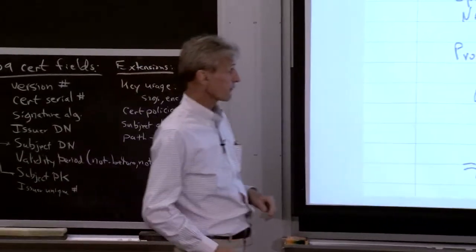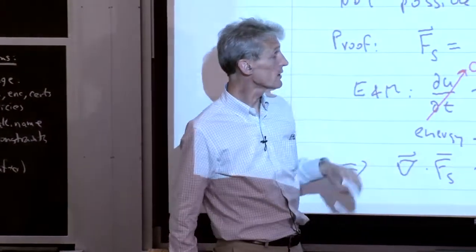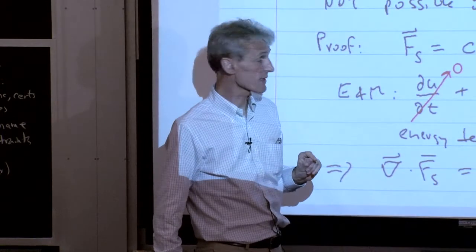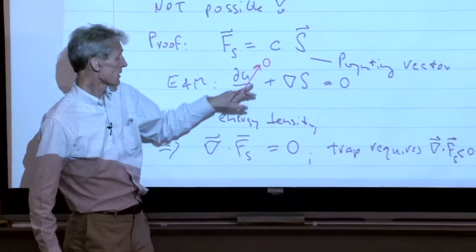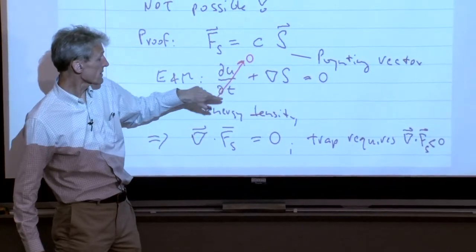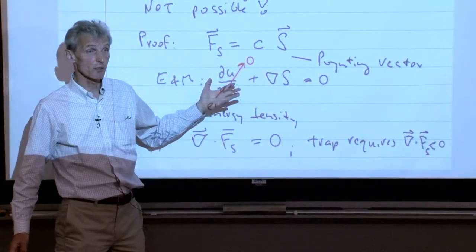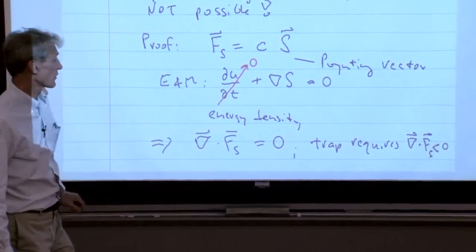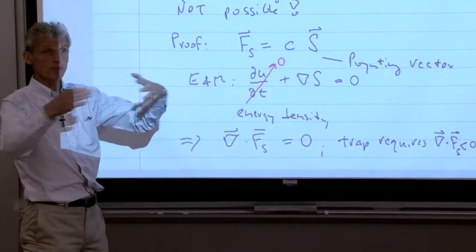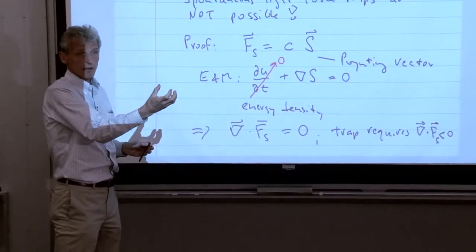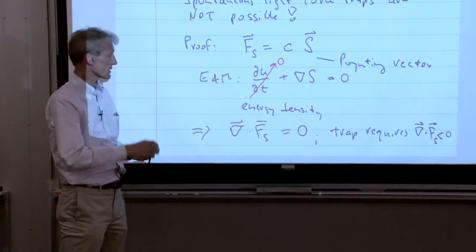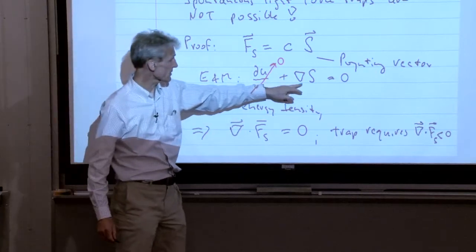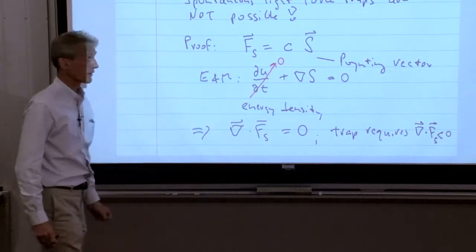But now you have in electromagnetism a continuity equation which says the divergence of the Poynting vector plus the change of energy density in a certain volume has to be 0. So if you are in steady state, if you have an arrangement of laser beams and the energy density of the electromagnetic field is at steady state, that tells you that the divergence of the Poynting vector has to be 0.